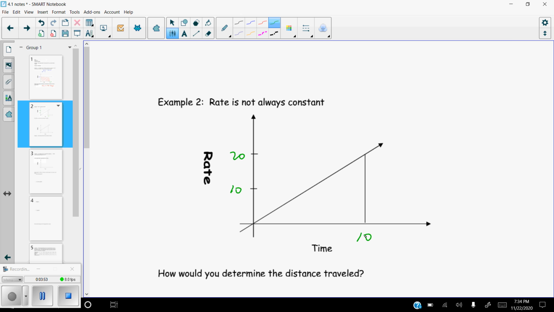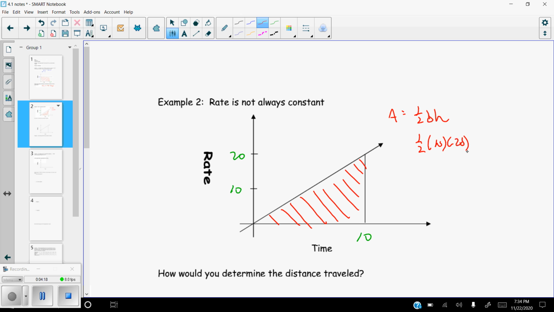Well, it's the same concept. If I were to find this area, I could very easily figure out how far we've gone. Well, this is obviously not a rectangle, it's a triangle. So we need to know that the area of a triangle is 1/2 the base times the height, so the area here is going to be 1/2 of 10 times the height, which is 20.